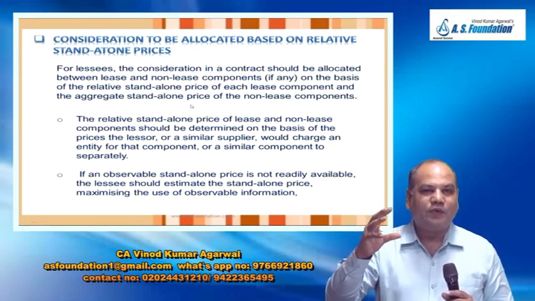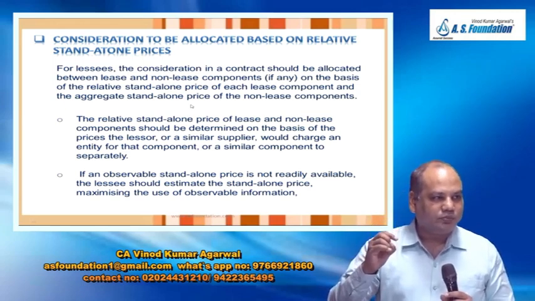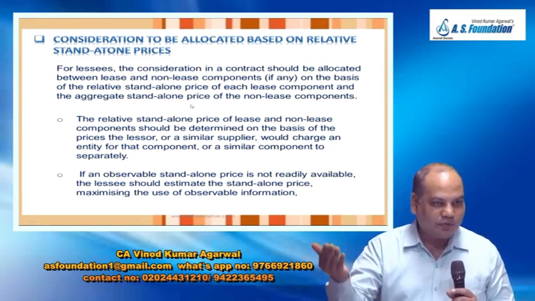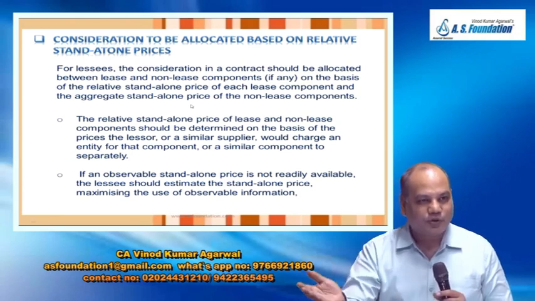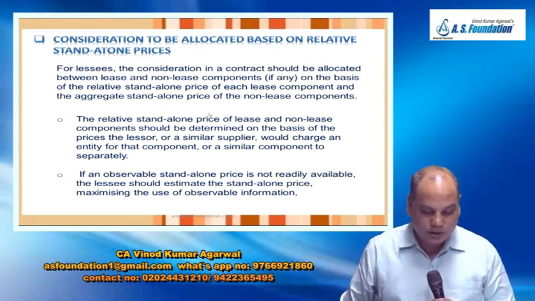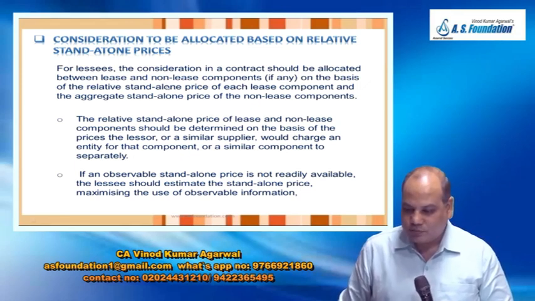So he has to identify different obligations under the contract, performance obligations, and the consideration has to be allocated according to performance obligation. So that is why I said you underline the word lessee. Rules are slightly different for lessor.